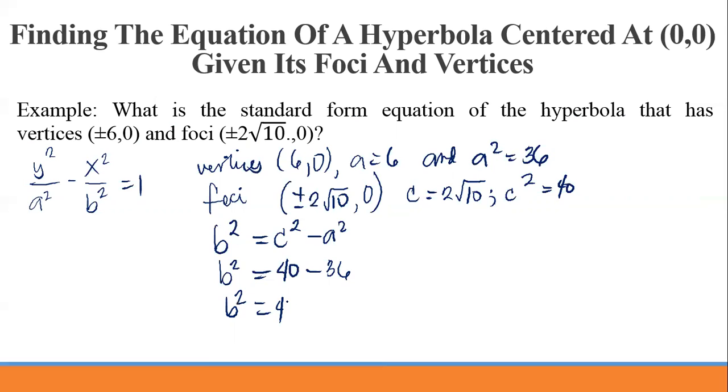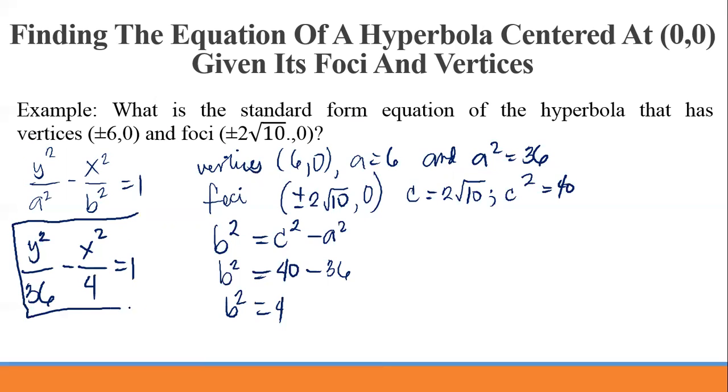Okay, so yung nakuha na natin yung value ni b squared. And so, finally, we have to substitute a squared and b squared into the standard form na nandito. Kasi nahanap na natin yung value ni b squared. So, the equation of the hyperbola is equal to y squared over 36 minus x squared over 4 equals 1.